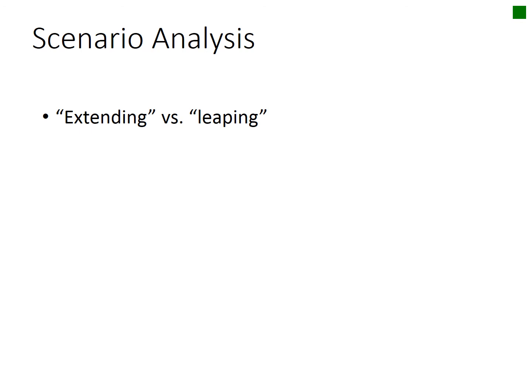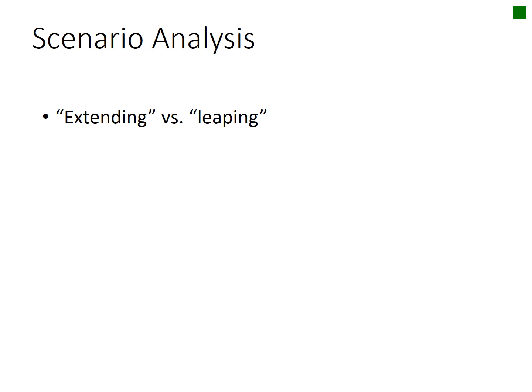One key important element to think about when we talk about scenarios is something called extending or leaping. Most of the time when we create products, they're extensions or minor changes to something that already exists. So for instance, I may have a particular product and I add a couple new features to it.